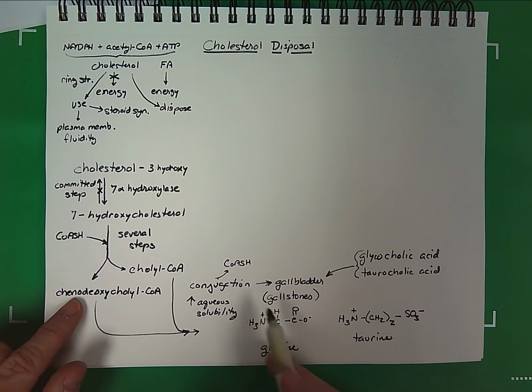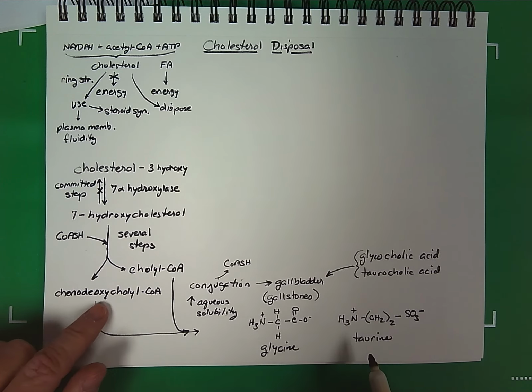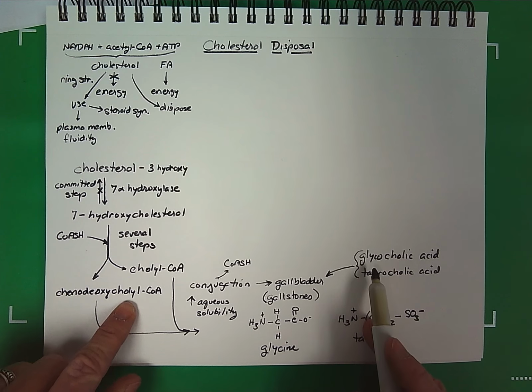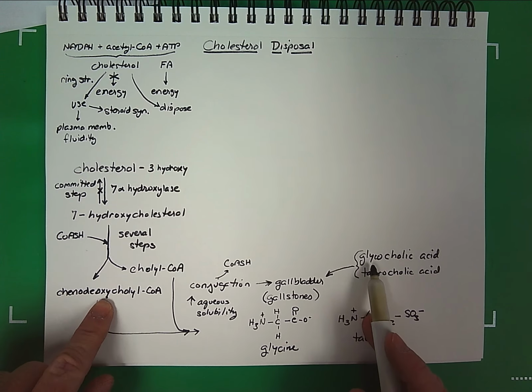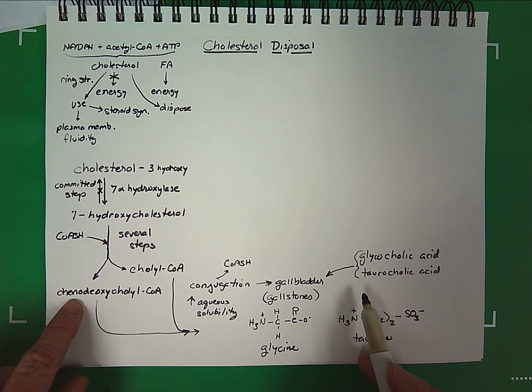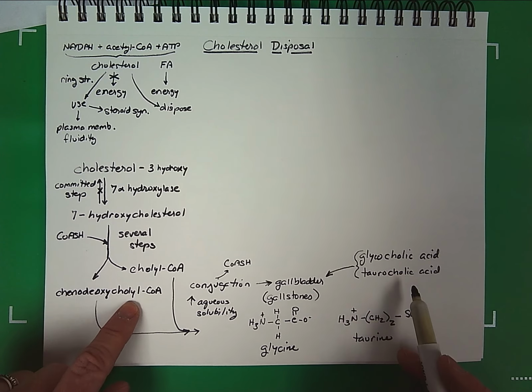If we conjugate the glycine or taurine with chenodeoxycholic acid, we will have the same kind of molecules with different names, glycochenodeoxycholate or taurochenodeoxycholate.